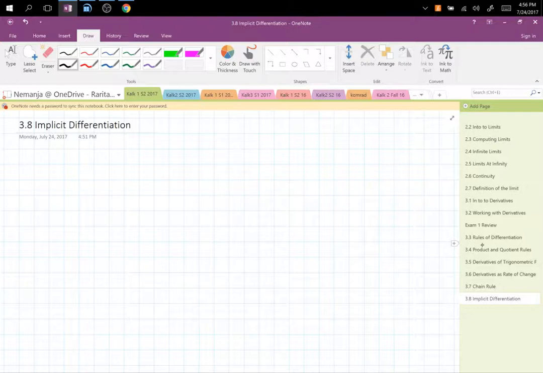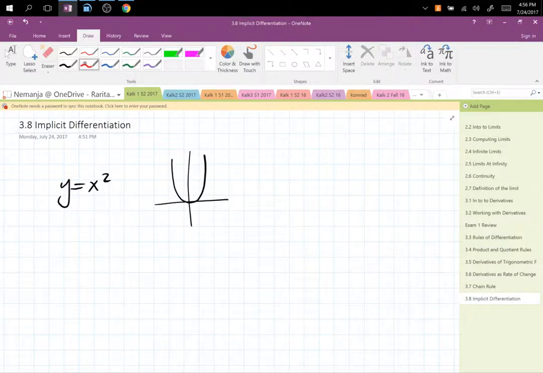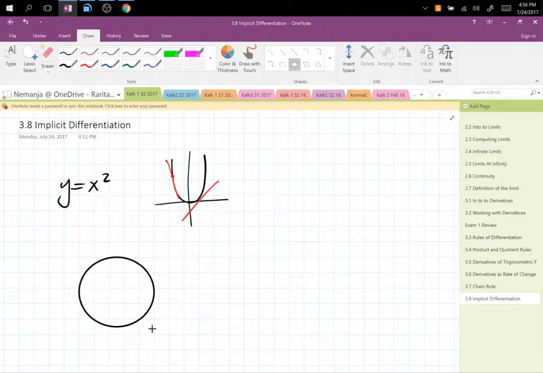So, if you look at y equals x squared, you know it's one of these guys, and you have tangent lines, right? Depending on the point you look at, there are tangent lines there. But then, if you look at the circle, we all know that the circle is not a function.